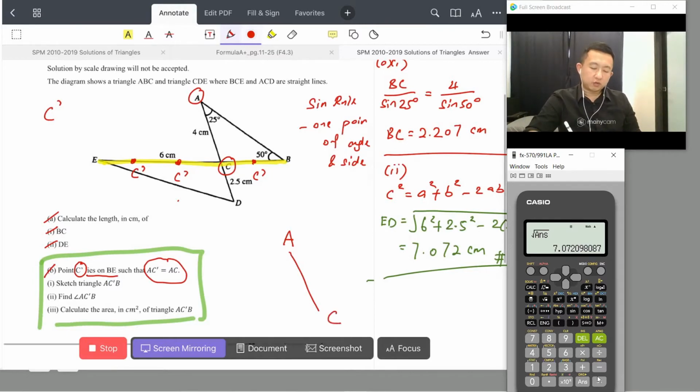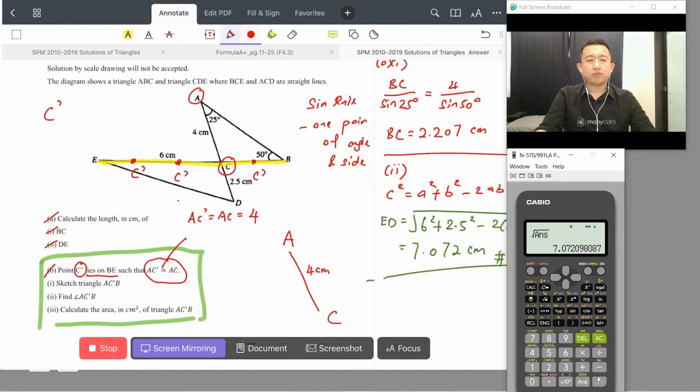And equal meaning the length is the same. So what is the size of AC? 4 cm. Okay, you put it in. AC is 4 cm. How about AC prime? AC prime equals AC, and AC is 4 cm. Therefore, AC prime is also 4 cm.